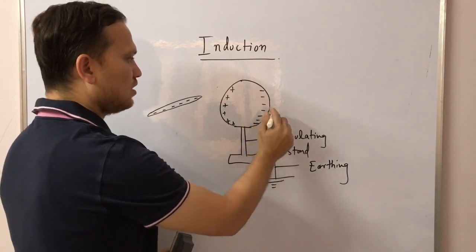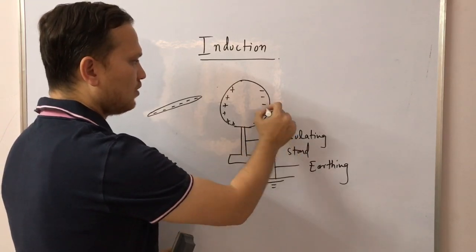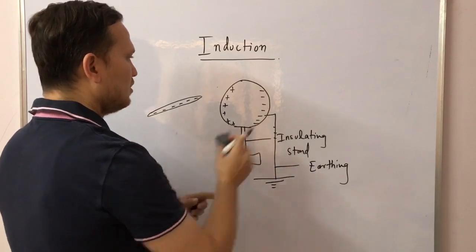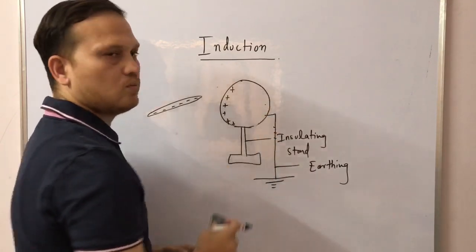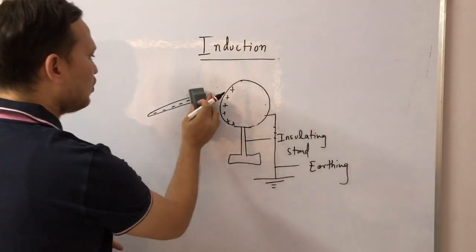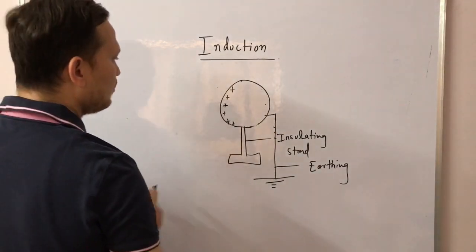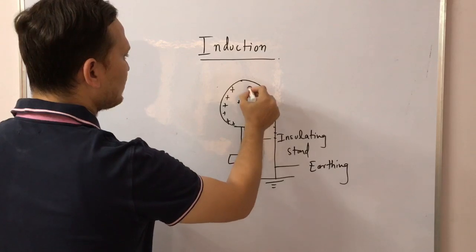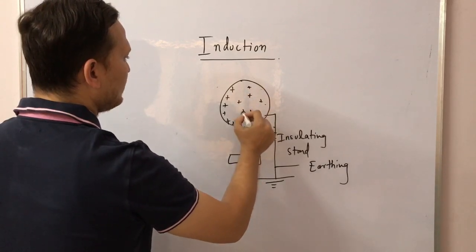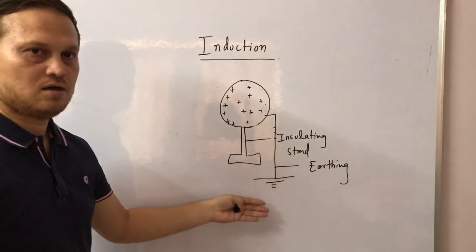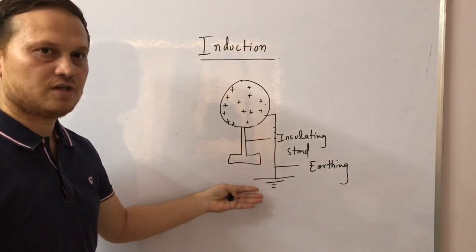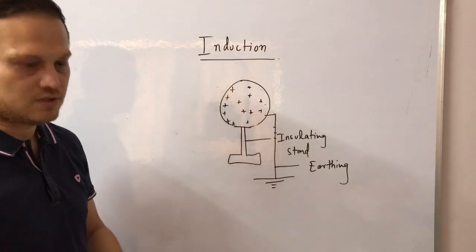Now the electrons start flowing from this part to the earth, and the conductor now becomes positively charged. So after removing this rod, the whole conductor will be positively charged, because the negative charges are separated by the method of earthing, and the conductor becomes positively charged.